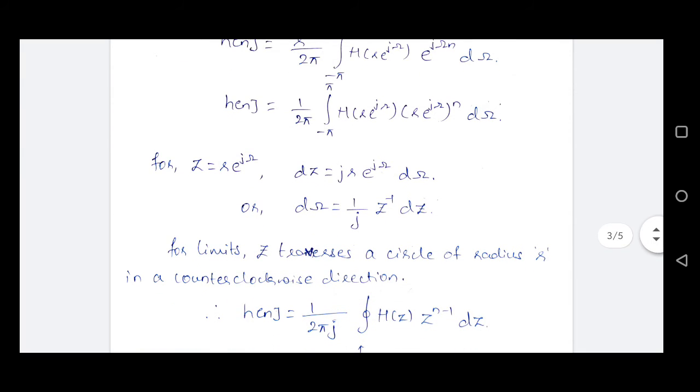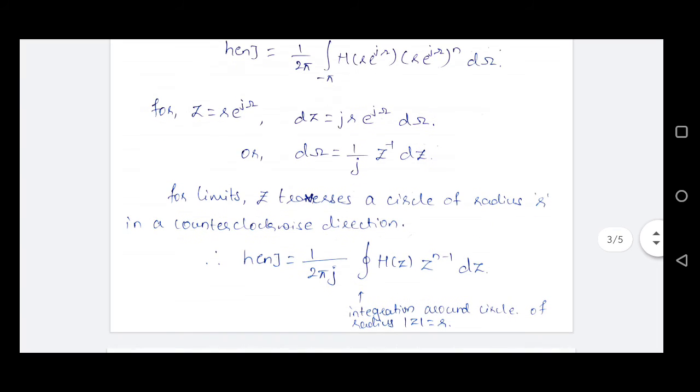Now for the limits, minus pi to plus pi means z traverses a circle of radius r in the counterclockwise direction, because we know that the z plane is a two-dimensional plane where r is the radius of a circle and omega is the angle made by it.